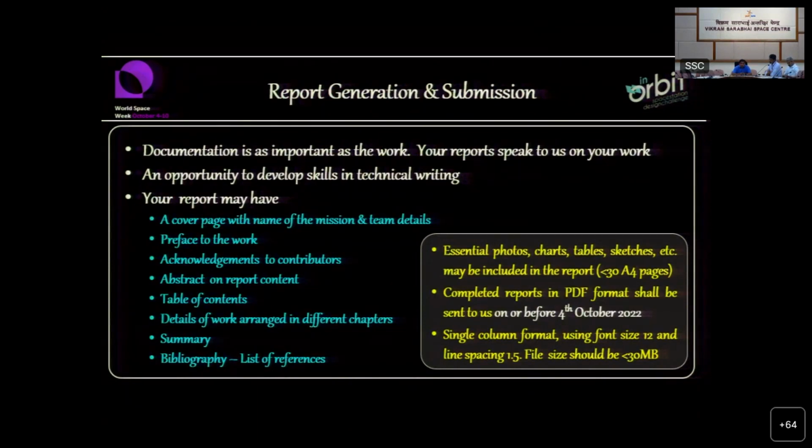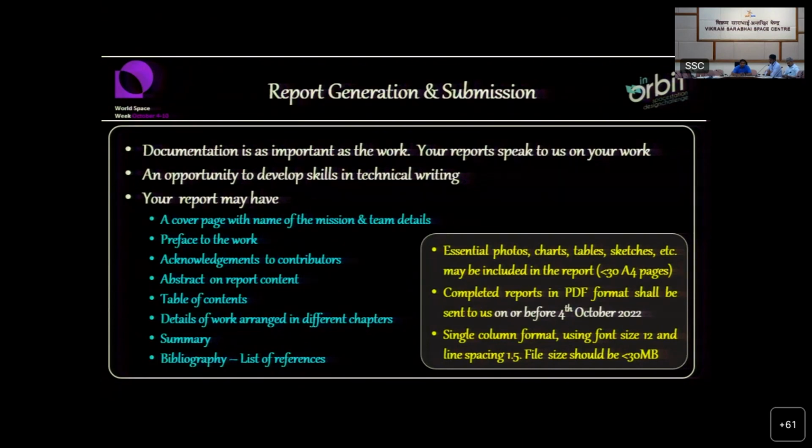Your report should basically have all these points: a cover page with the name of the mission, so you can name your mission, and the team details and a preface to the work, what you're planning to do. Then an abstract on the content, like what you're planning, what your objective is and how you're going to go about it.